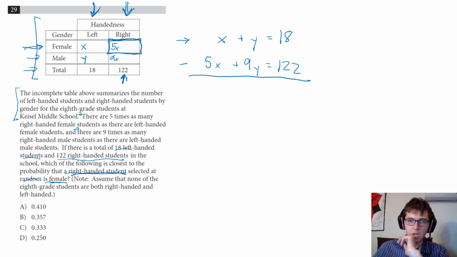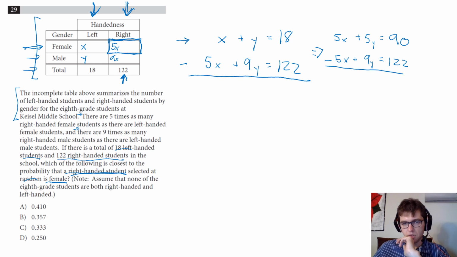That'll give you 5X plus 5Y is equal to 18 times 5, which is 90. And we'll leave the second equation alone, 5X plus 9Y is equal to 122.